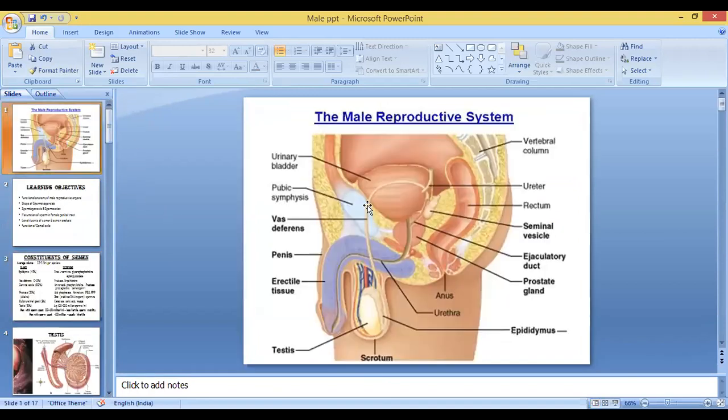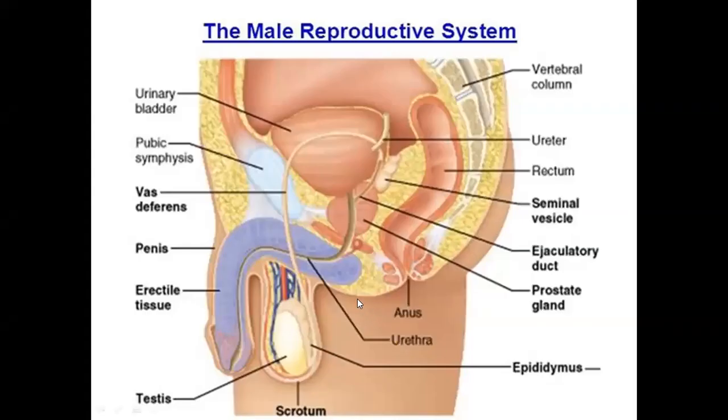Now, in the male reproductive system, we see that very interestingly, the male gonad, that is the testis, is outside the male body, that is in the scrotal sac. And that is because the temperature required for spermatogenesis is much lower, about 2 to 4 degrees below the body temperature.